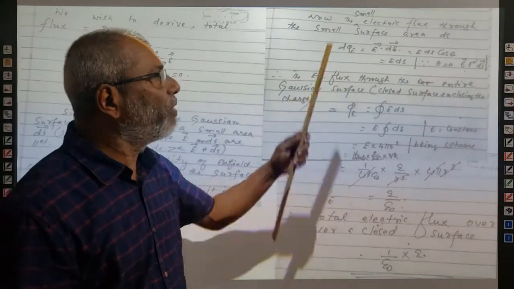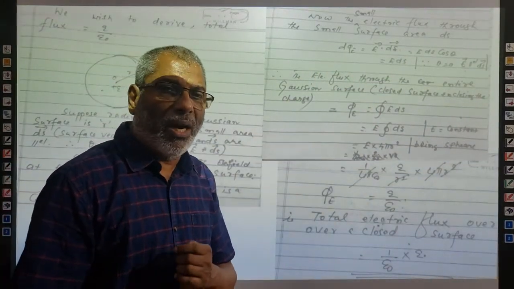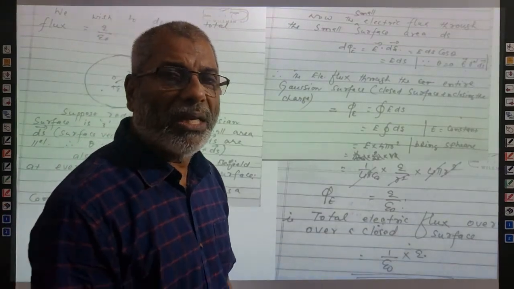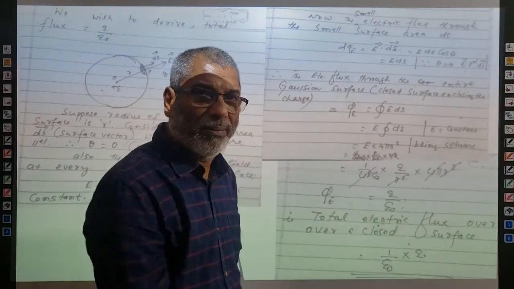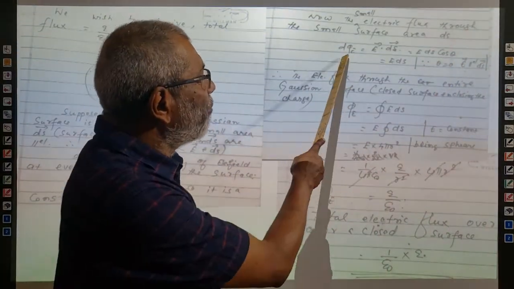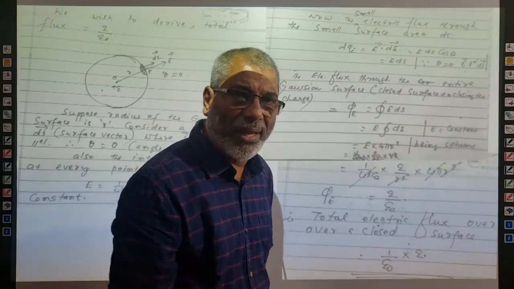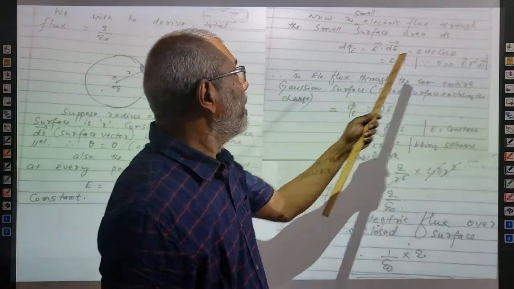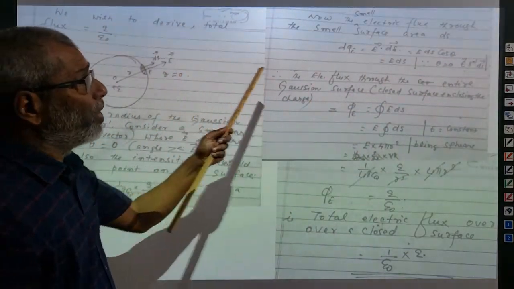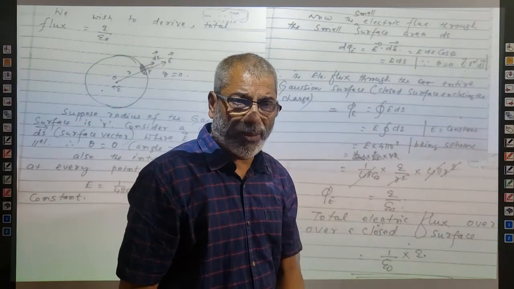That flux is equal to d phi E, where d phi is equal to E dot ds. Already we know the general expression for electric flux is E dot ds, that is equal to E ds cos theta. That is, d phi is equal to E ds cos theta, which is simply E ds. The vector sign has been removed. Why that? Because in this case, theta is equal to 0. Therefore, cos theta is equal to 1. Therefore, d phi is equal to E ds.